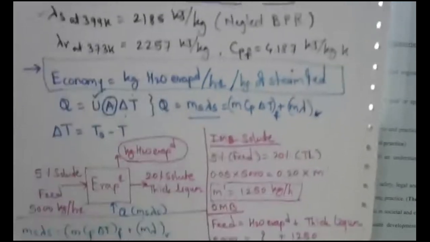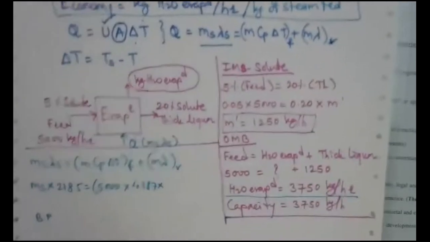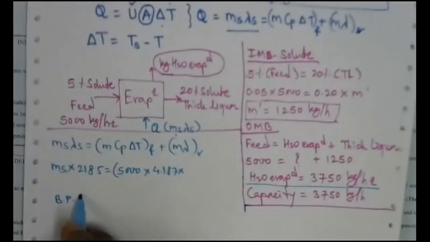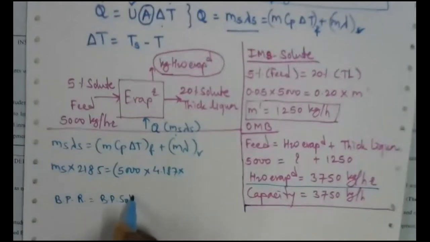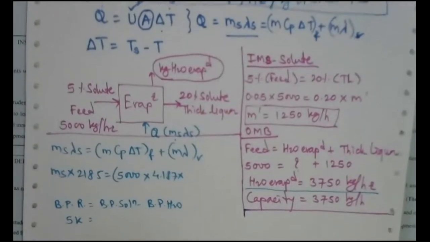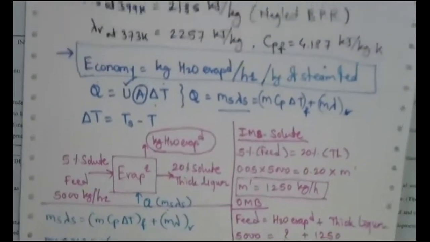Here I am writing, boiling point rise is equal to boiling point of solution minus boiling point of water. Now 5 Kelvin is the boiling point rise, that is given, and the boiling point of water is given, that is 373 Kelvin.